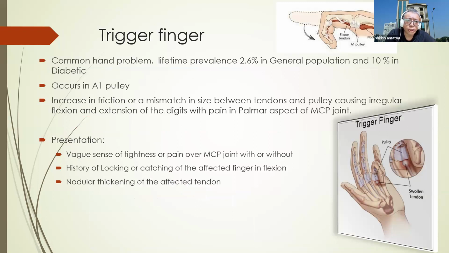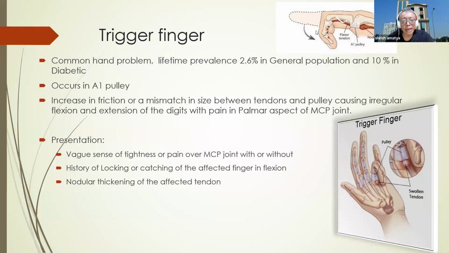About 2.6% of the general population will have a lifetime prevalence of trigger finger, and in the diabetic population it is even more, about 10%. The main pathology here is either increased friction or a mismatch in size between the tendon and pulley, causing irregular flexion and extension of the digit.